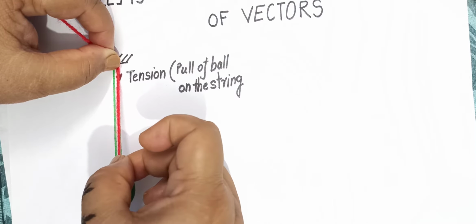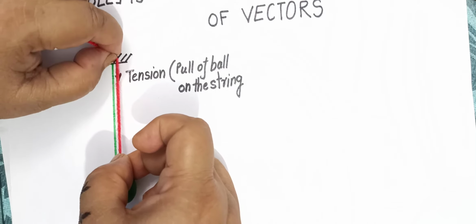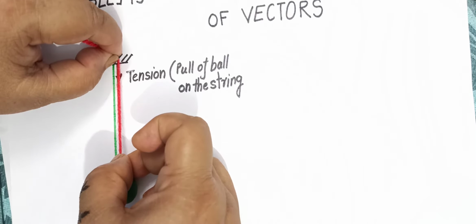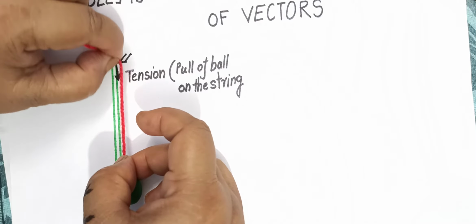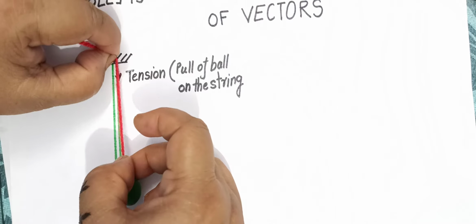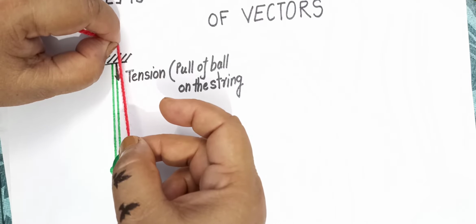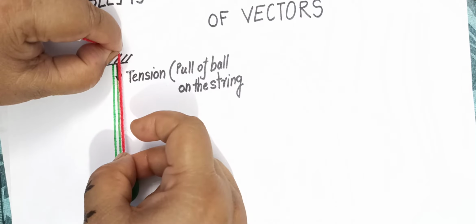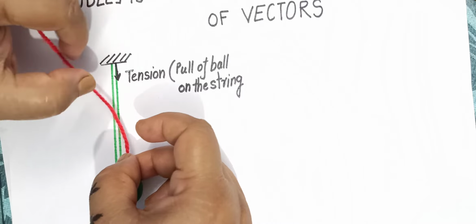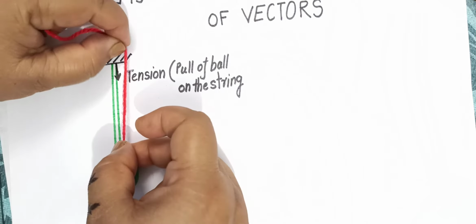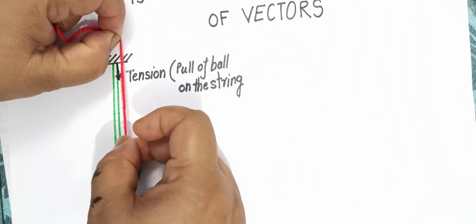In that course of action, you are exerting force on the point of suspension, and when you are pulling the point of suspension down, the point of suspension will pull your fingers up. Your fingers means the ball. So this action is now getting a reaction. Ball is pulling the string down, the string is pulling the ball up.